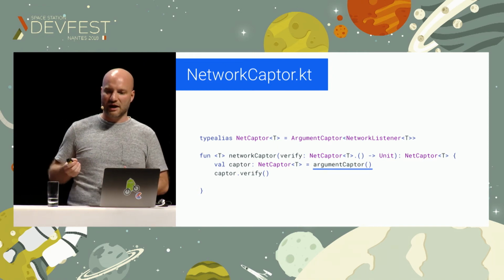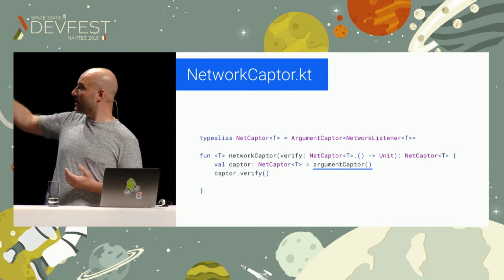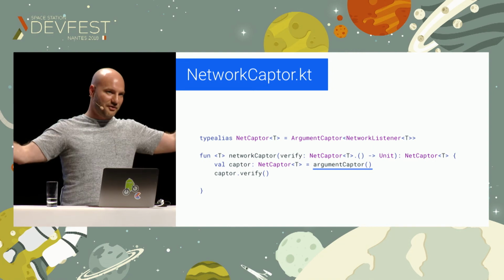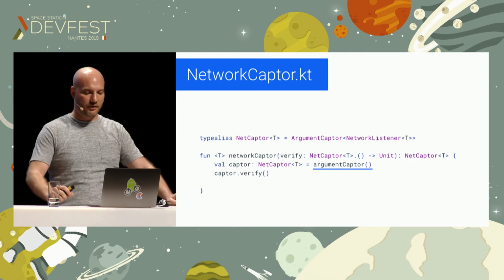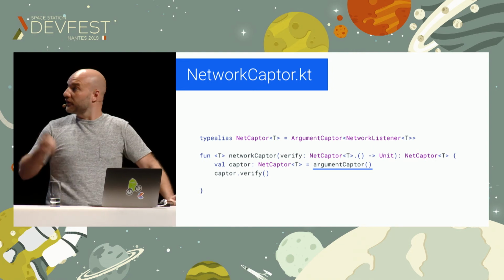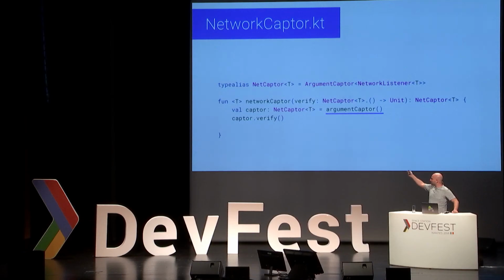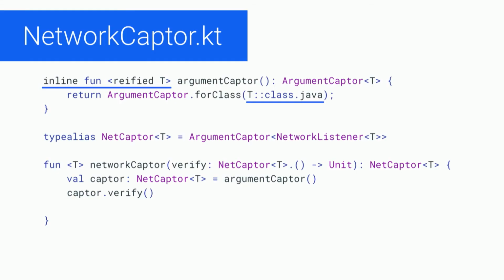So to actually capture the argument, we're going to need to make an argument capture. And that was the 2 lines of crazy code before. There's a little bit of Kotlin magic going on here, right? I'm saying val capture equals argument capture. But we've seen it before, right? So you might guess I'm going to write a reified type function here. And you'd be correct. I'm going to make argument capture have a reified type of T. It's an inline function.